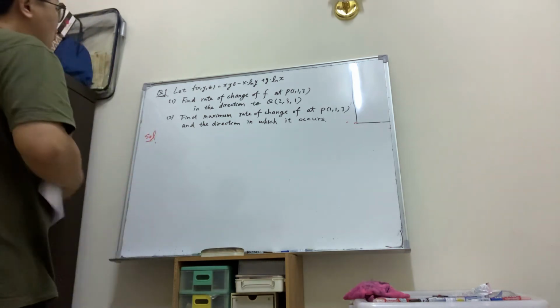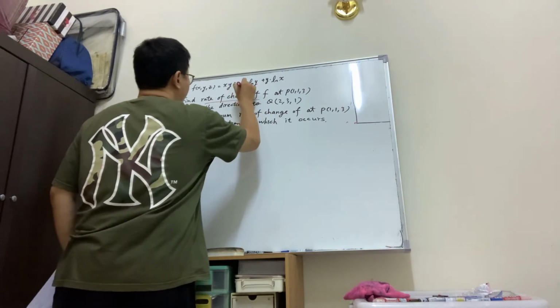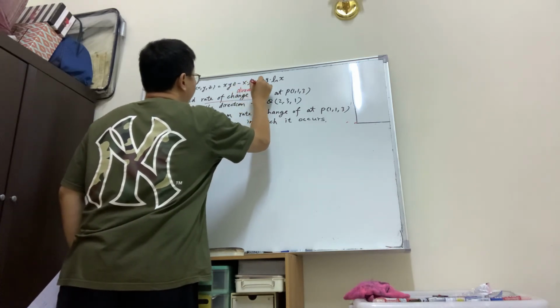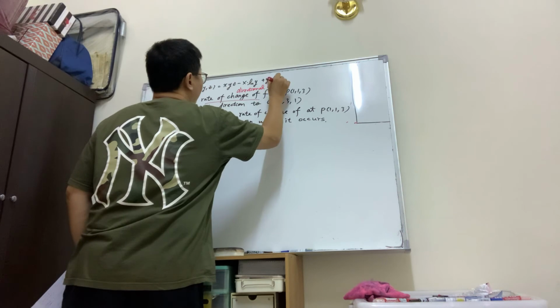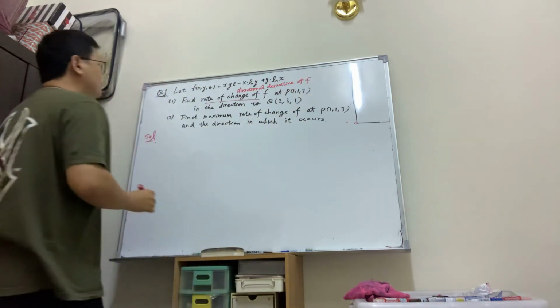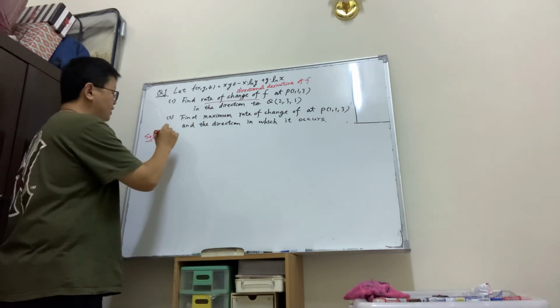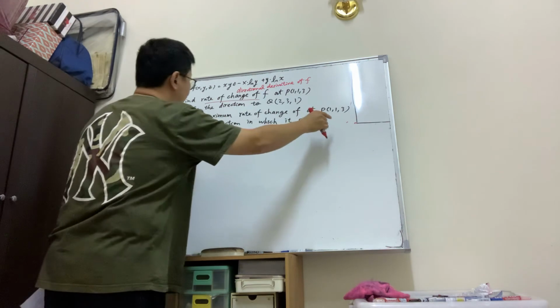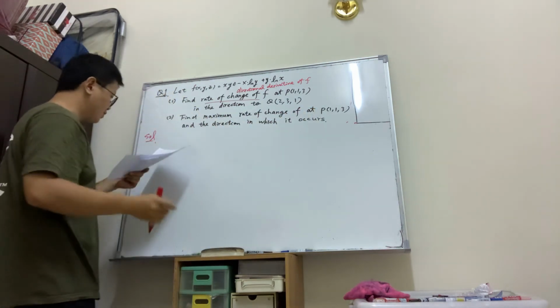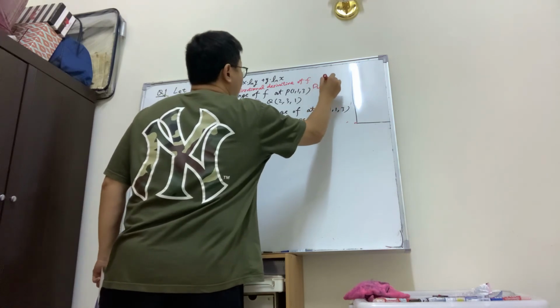Find the rate of change. Rate of change of f. It also means directional derivative of f. Okay, so first of all, we want to know the directional derivative of f. So D_u f of (1,1,3). We want to know D_u f of (1,1,3).